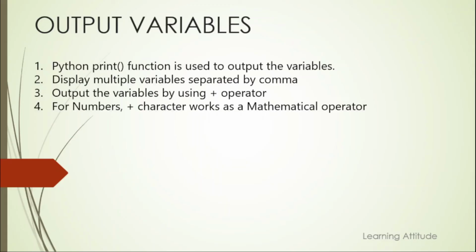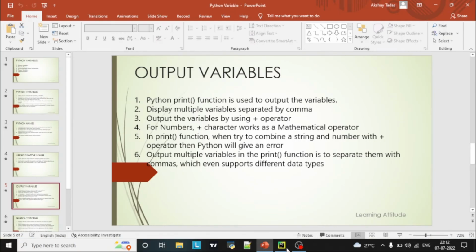For numbers, the plus character works as a mathematical operator. Means if you give any integer value, it will be printed as an addition. So let's see one example for this.